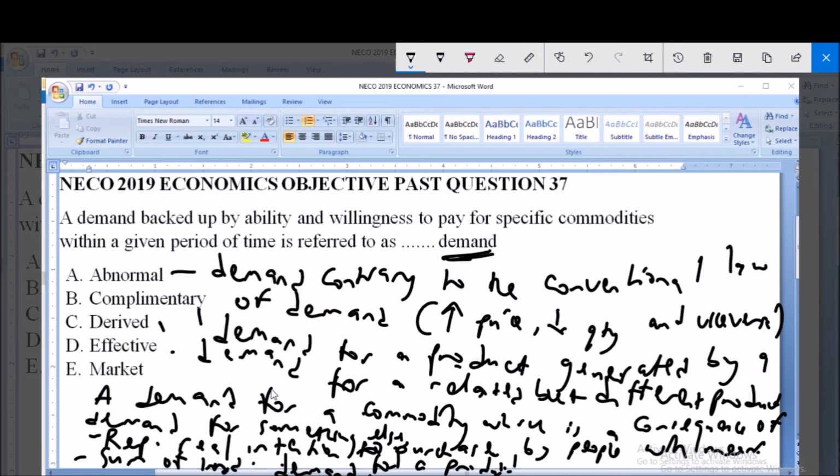And that real intention is the willingness, right? The intention is the willingness to pay, and people with means, that means to pay is the ability to pay for a specific commodity. So we can say that D, effective demand, is the correct answer to this question.